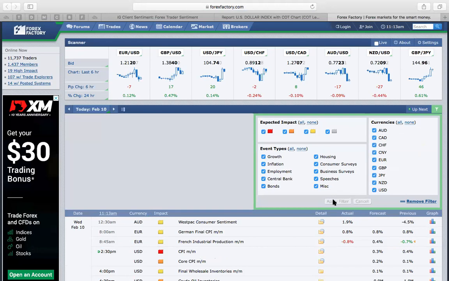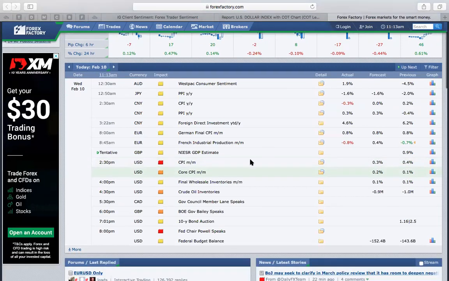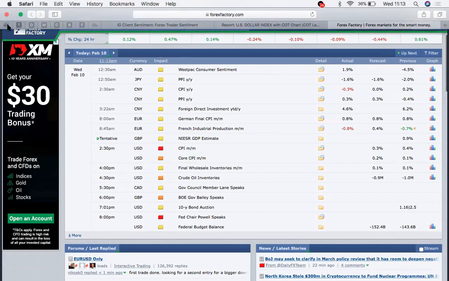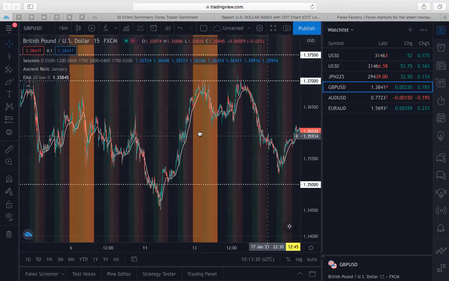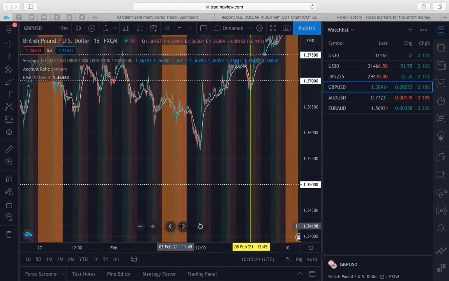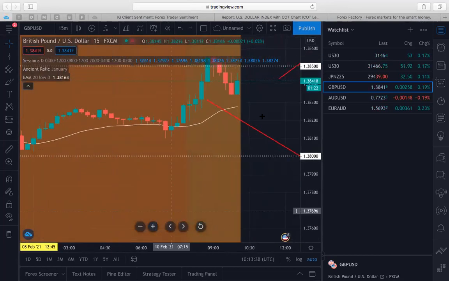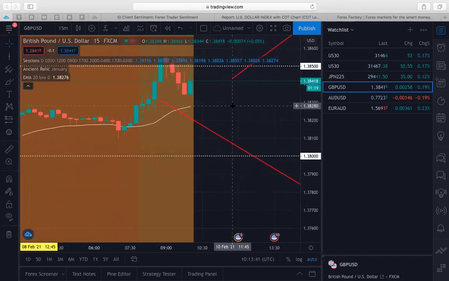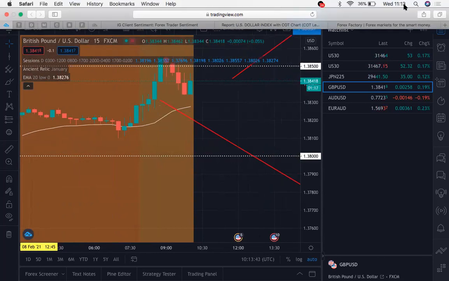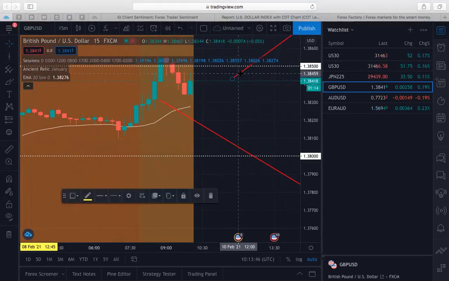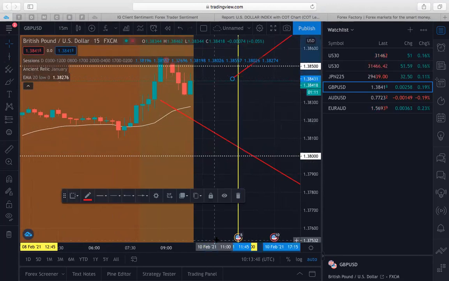Okay. So you could see Wednesday, I'm expecting news by 2:30. So by 2:30, which will be around this time, in the next 3 hours, which will be around here, I'll be looking for a buy or sell.